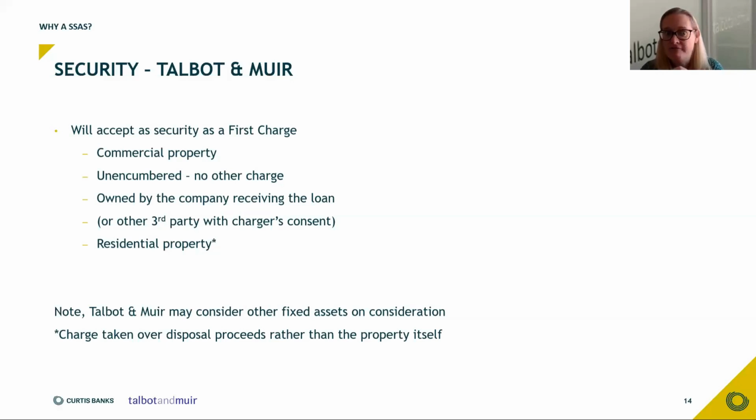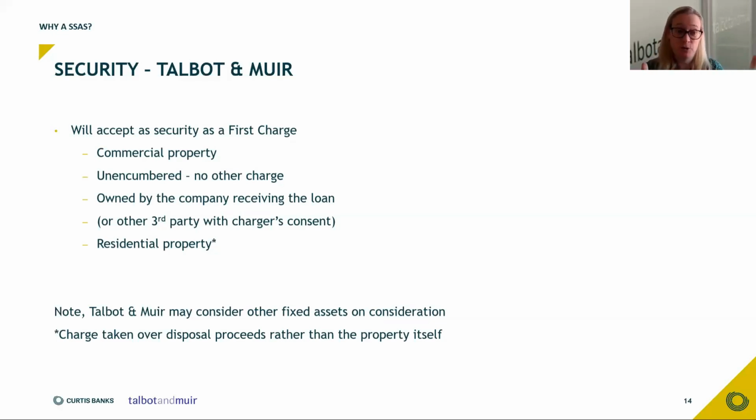We will also look at residential property, but that can't be a main residence that the client lives in. It has to be a second property, which could be a buy-to-let property, a holiday let, or just a second property that the clients happen to have.